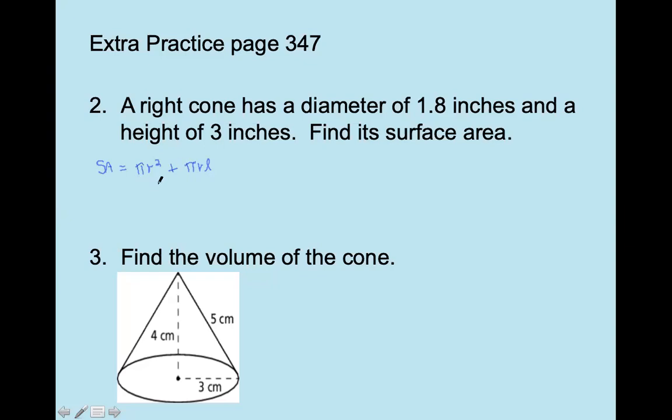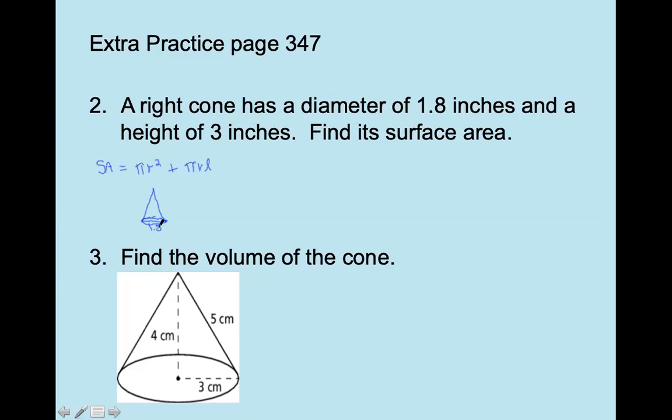All right, so let's fill in our numbers here. I'm going to draw this cone first, just so I have an idea and I can fill in my different measurements. I probably didn't draw that big enough. All right, so here it is. We know the diameter all the way across is 1.8 inches.